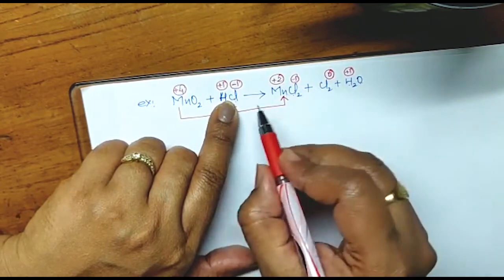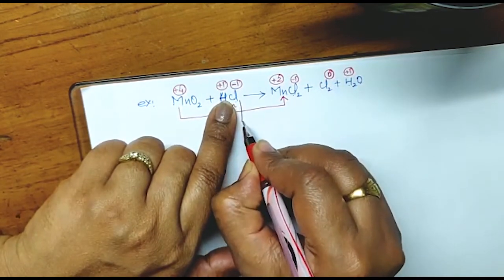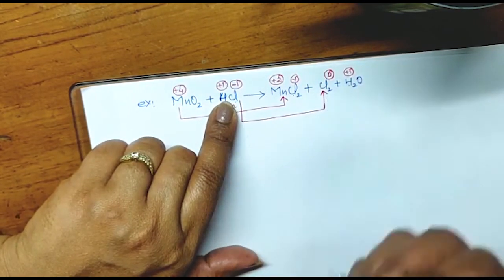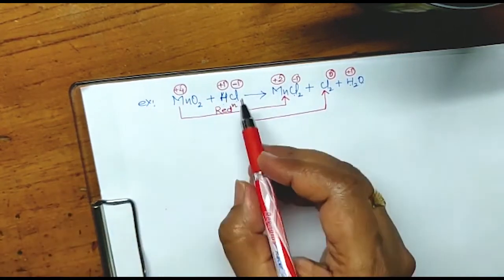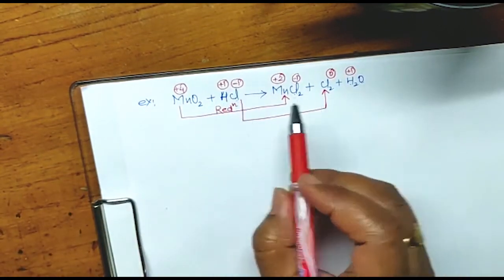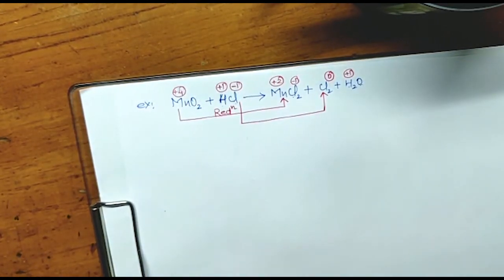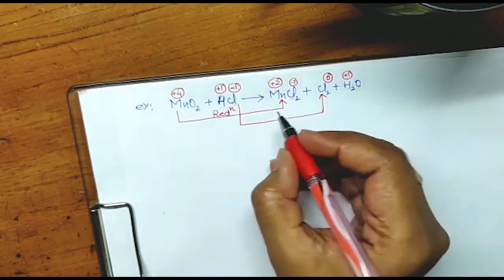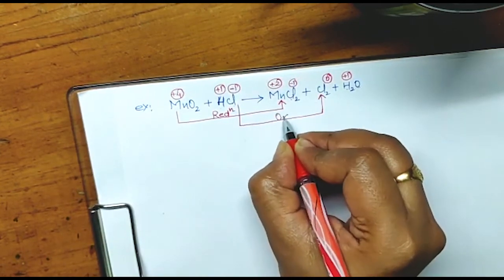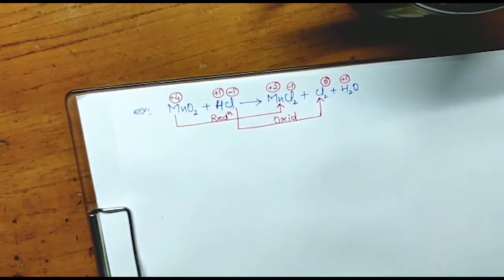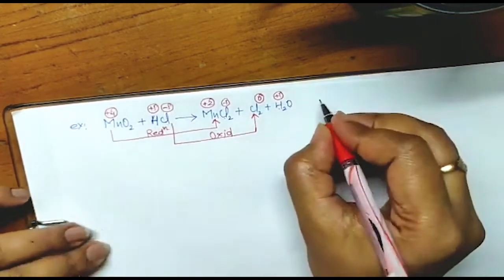But Cl at -1 changes into Cl0, so the charge is increasing, -1 and then 0. If the charge is increasing, what will you say? Oxidation. Got it?